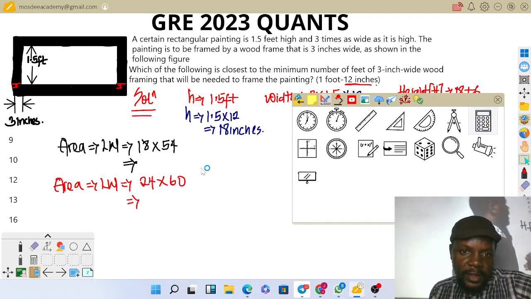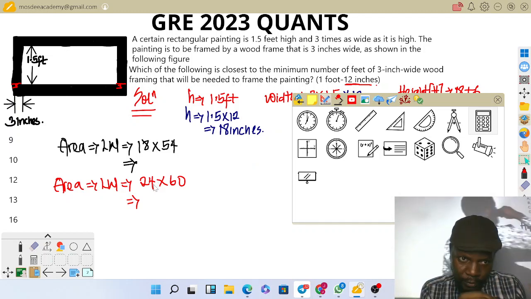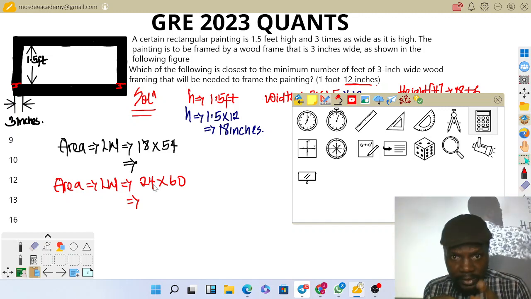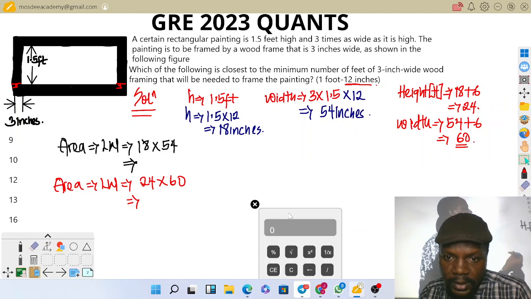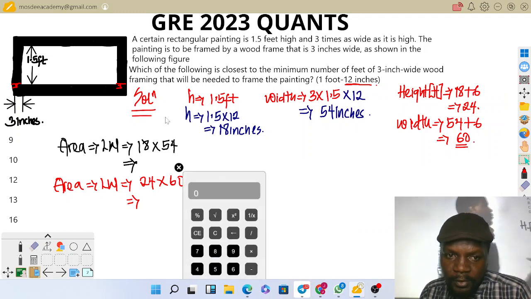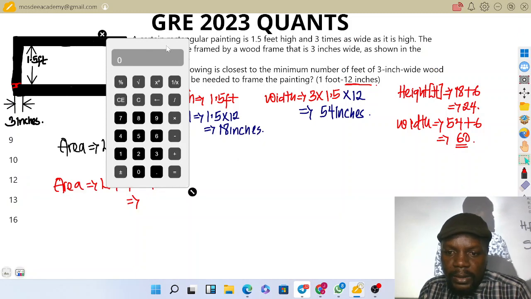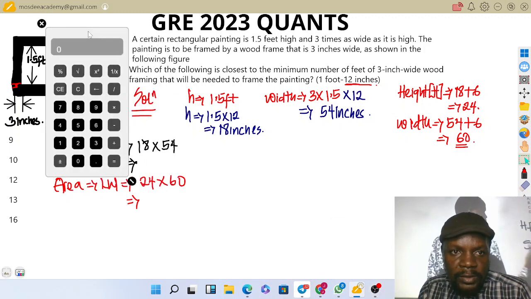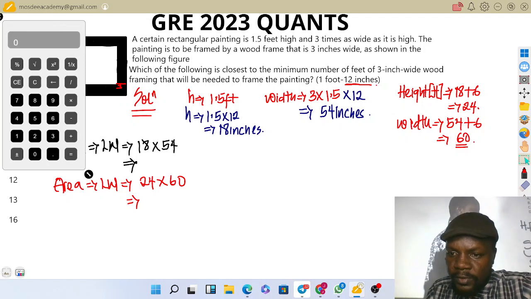Let's wait for it. So what we want to do now is just subtract the bigger rectangle minus the smaller one. I think it works. Now we have the calculator right before us. So let's place the calculator right here, for us to see.